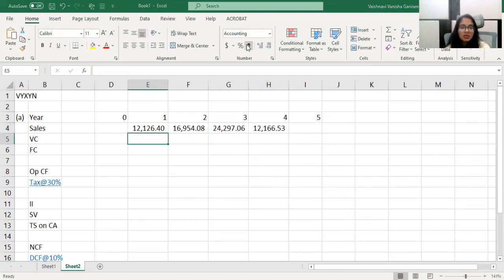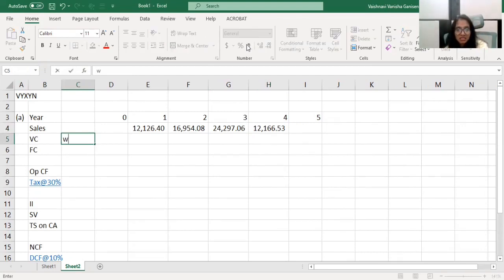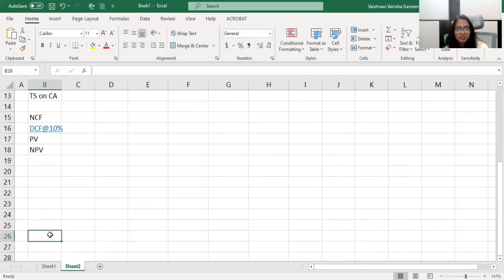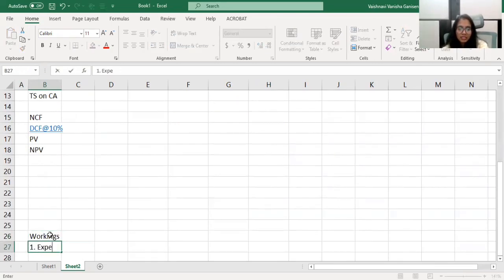Okay, now variable cost, you must do working number 1 because you need to first calculate the expected variable cost. I'm going to leave a few lines. Workings number 1, expected variable cost.